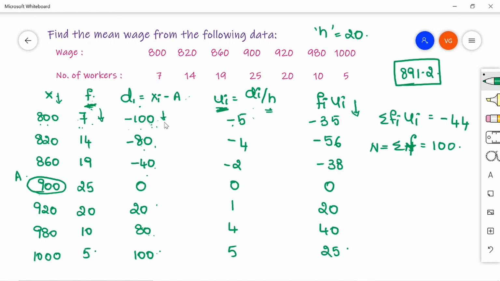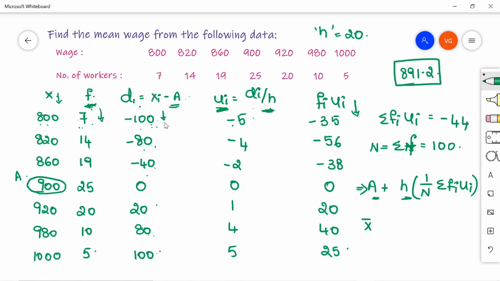And the assumed mean value is 900. So use the formula a plus h into 1 by n sigma fi ui. As I have divided by h, here I am multiplying with h. As I have subtracted a, I am adding a. That's it, right?